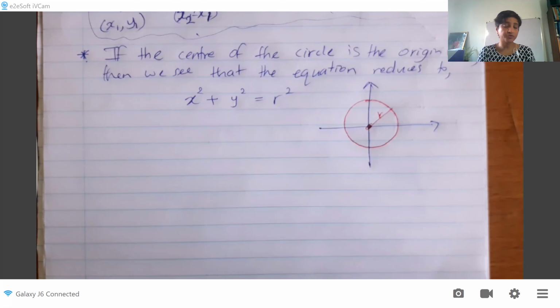Example number one: write the equation of the circle of radius 5 and center -3, 4. Radius 5 and center -3, 4.